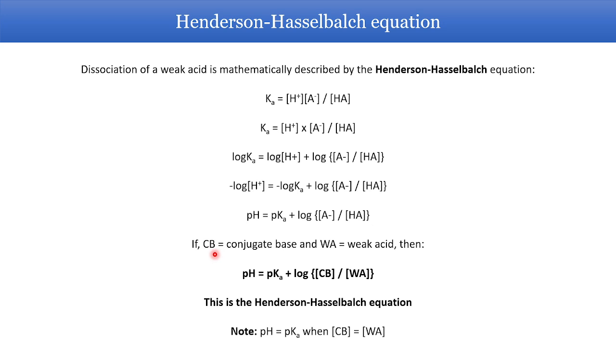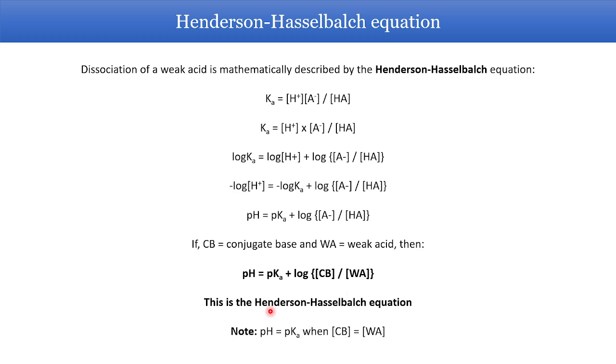If we indicate Cb as the conjugate base and HA as the weak acid, we can write this equation in this manner, and this is the equation that we have to keep in our mind. Another time I'm repeating, pH is equal to pKa plus log of the conjugate base, or A minus, divided by the weak acid.